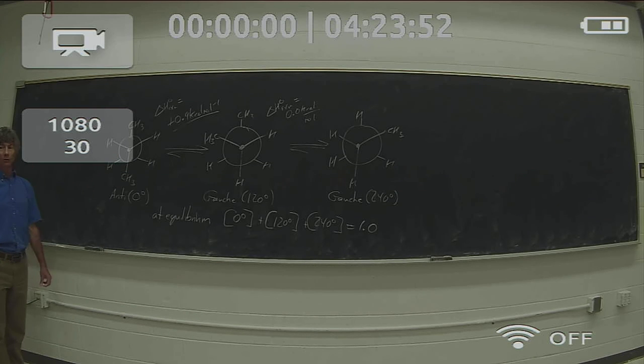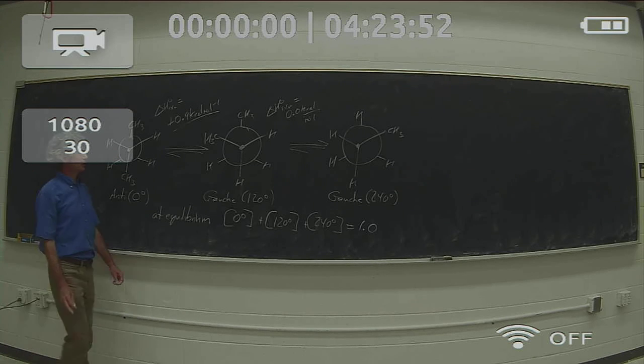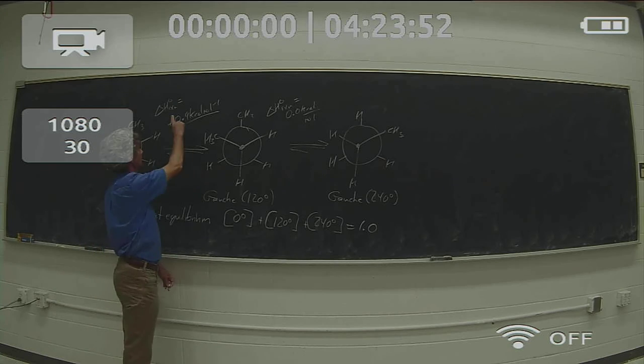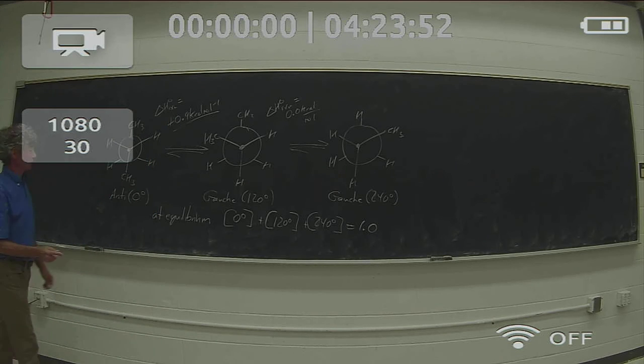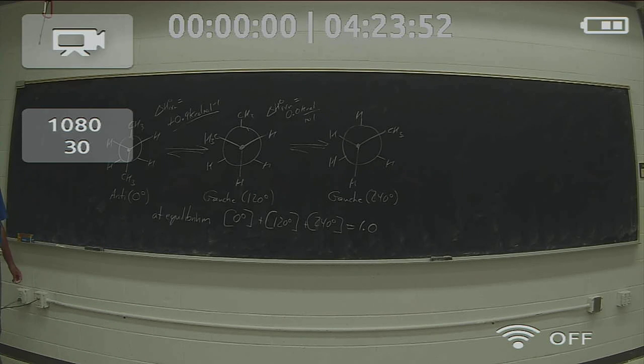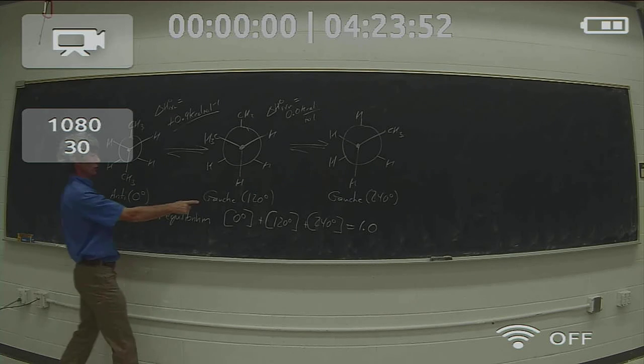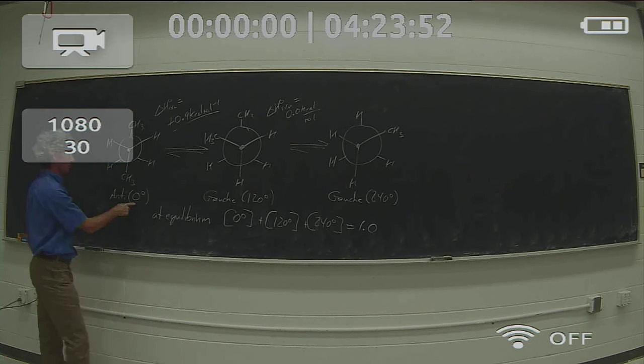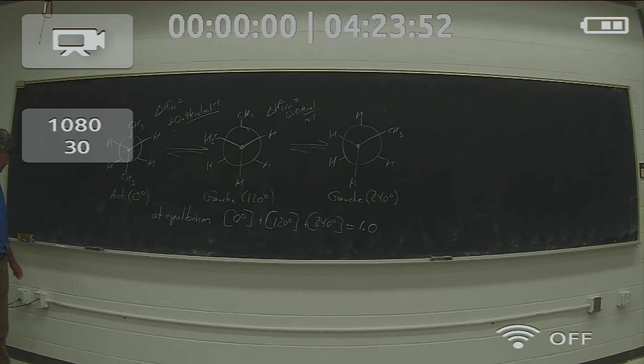And I know, or I should know, from general chemistry, an equation that relates the equilibrium constant to the free energy change for the reaction. So if I know the free energy change for the reaction, I can use that to calculate the equilibrium constant and thus a ratio of the 120-degree conformer to the 0-degree conformer.